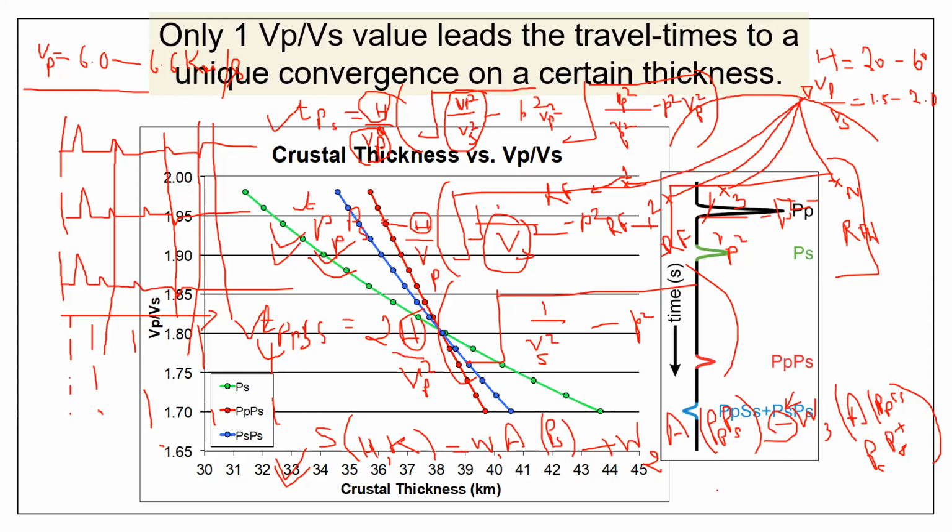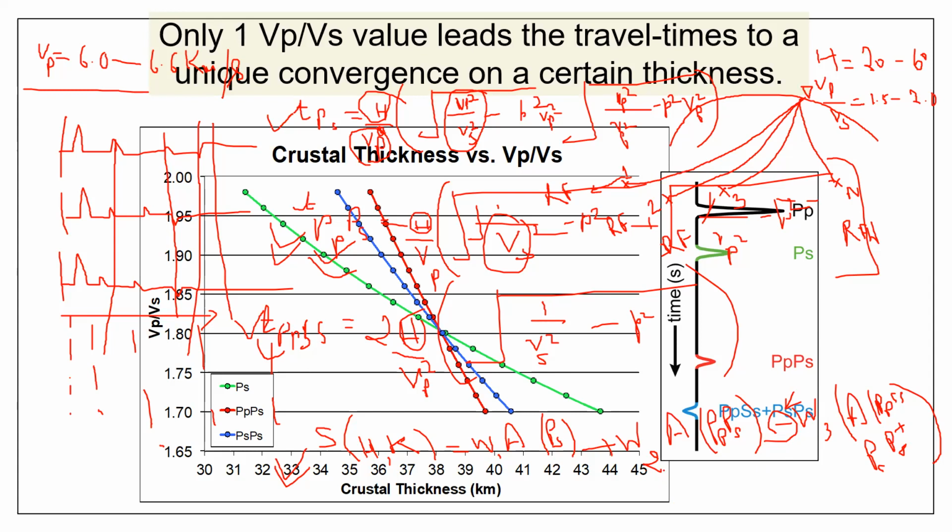And W1, W2, and W3 are the weights for the PS phase, PPPS phase, and the PPSS phase. Because the PS phase is mostly the clearest arrival on your receiver function, the weight associated with this one will be higher compared with W2 and W3.